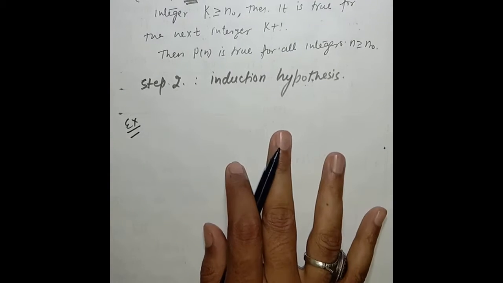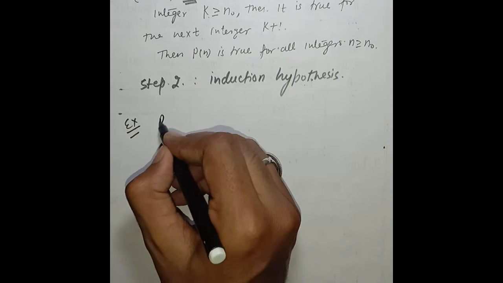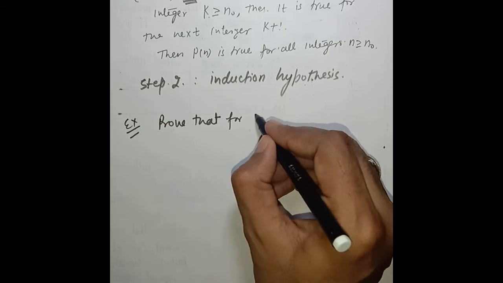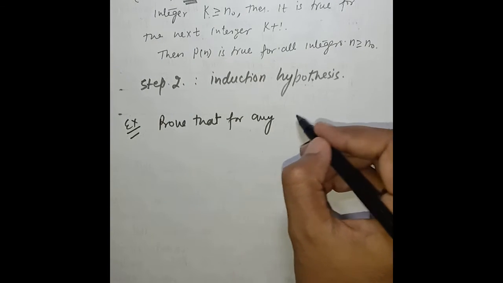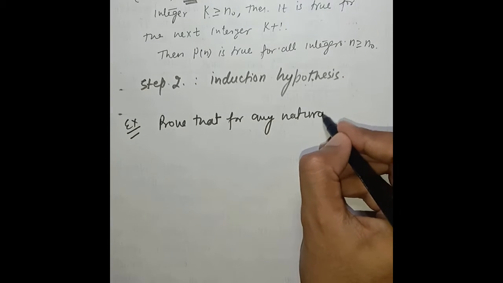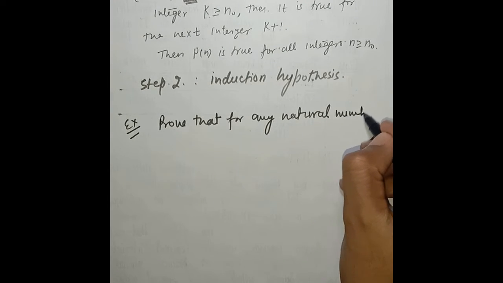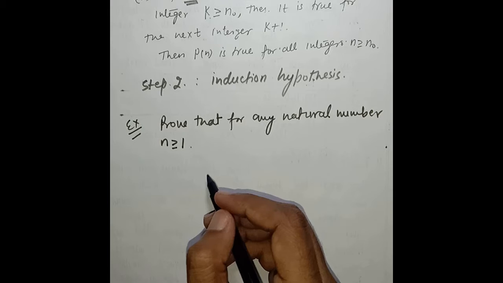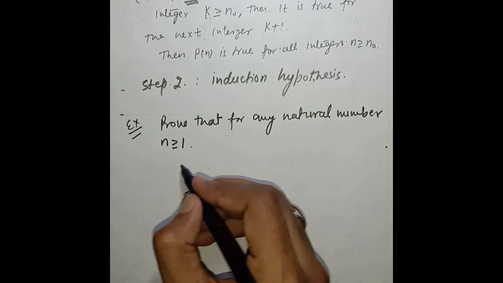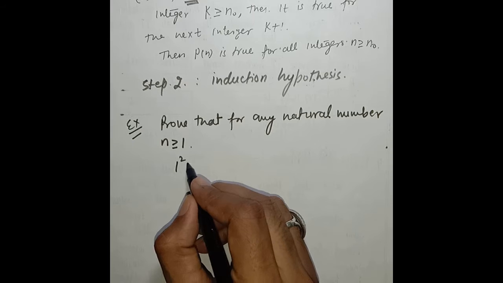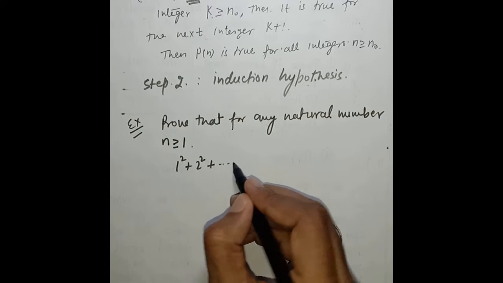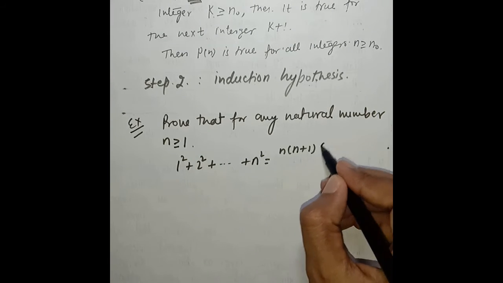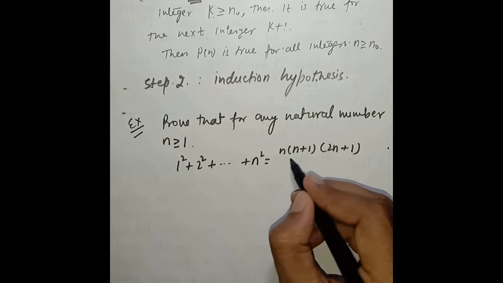Example number 1. Prove that for any natural number n greater than or equal to 1, 1 square plus 2 square plus ... plus n square is equal to n plus 1, 2n plus 1 over 6.